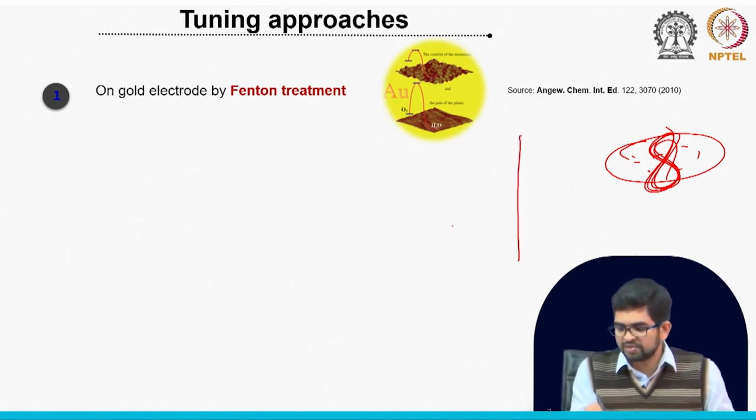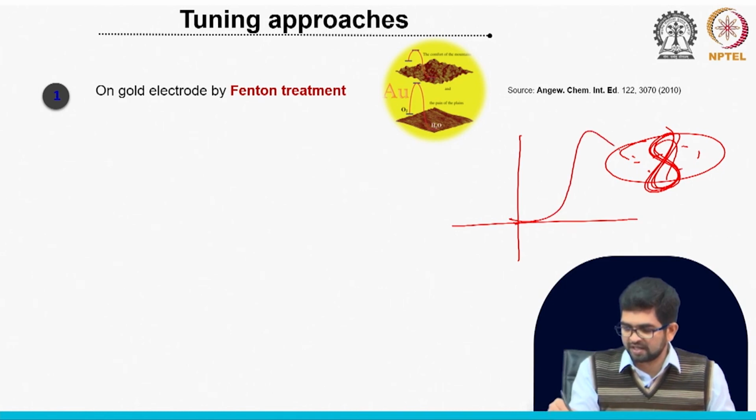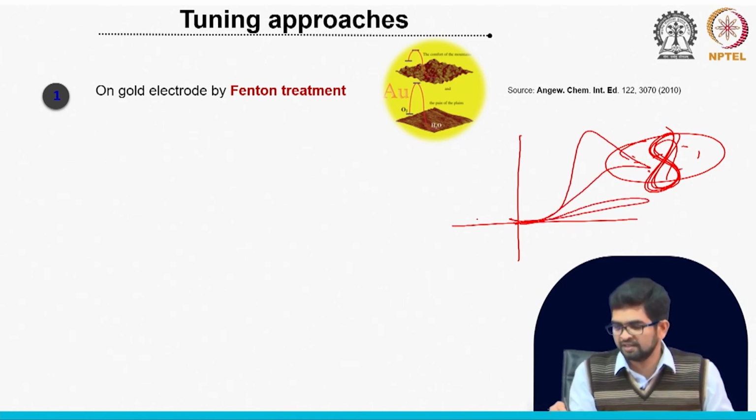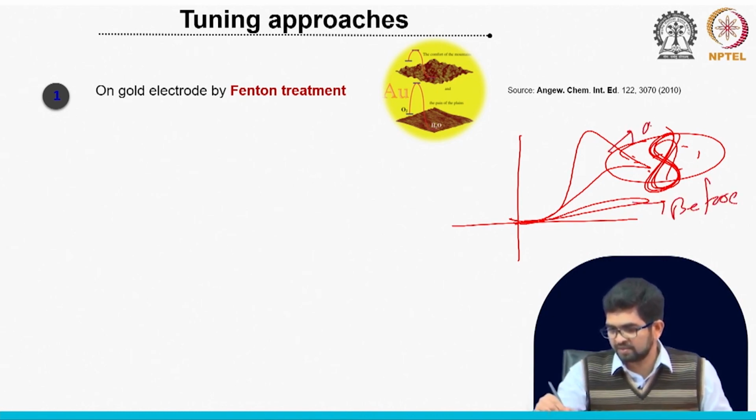If you check hydrogen peroxide oxidation or glucose oxidation, you get very high activity like this. But before polishing you may get this activity. This is before polishing, this is after polishing.